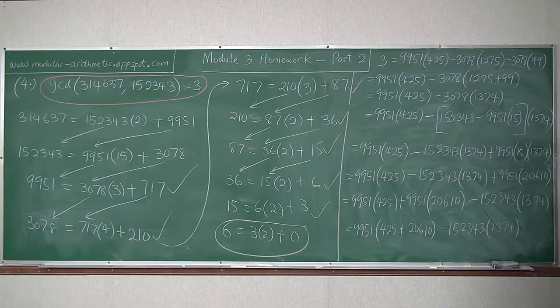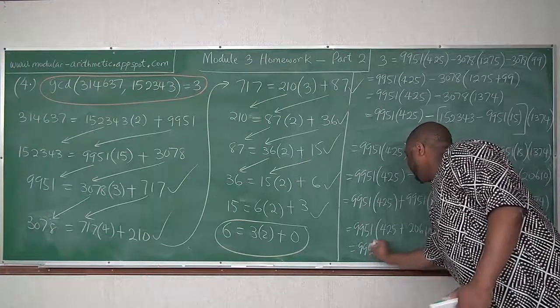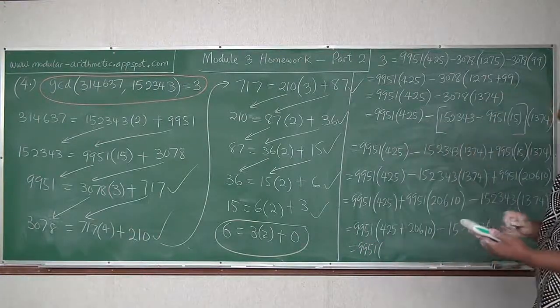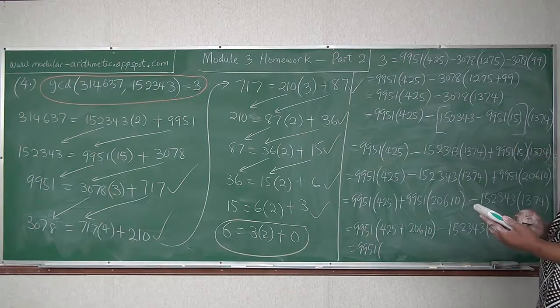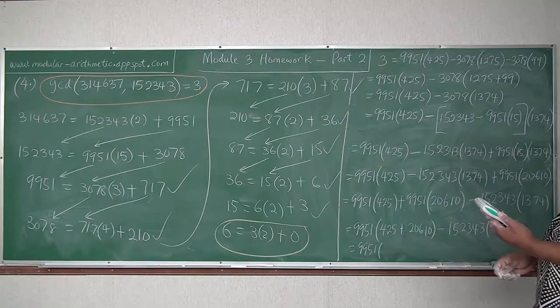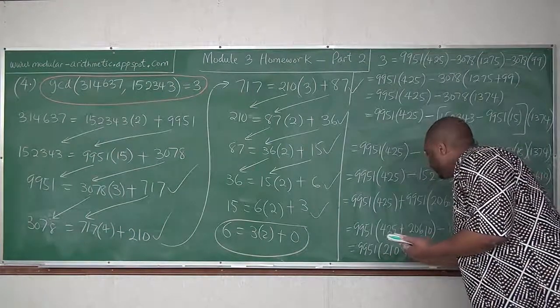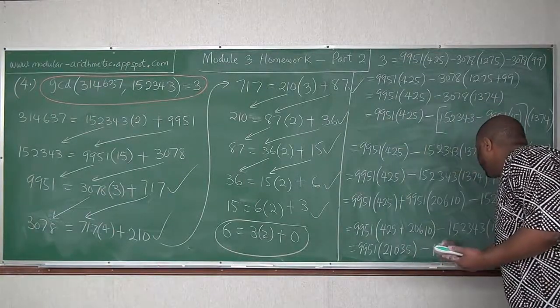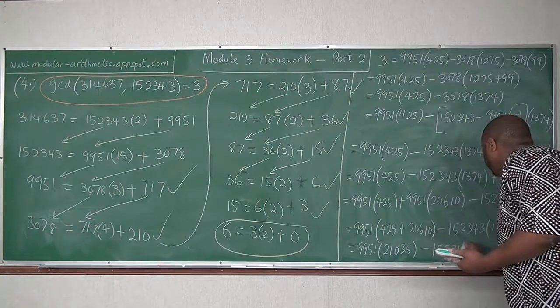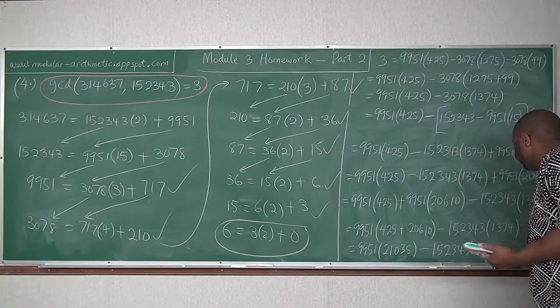Okay? So this will give us 9951 times, you do 425 plus 20610. It gives you 21035 minus 152343 times 1374.